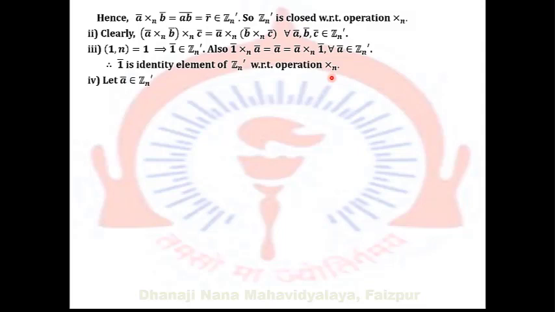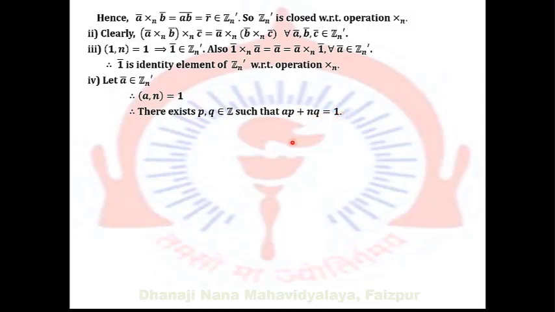Now for inverse, let A bar belong to Zn dash. As A bar is an element of Zn dash, we have GCD of A and n is equal to 1. As GCD of A and n is equal to 1, there exist integers p and q such that AP plus nq is equal to 1.